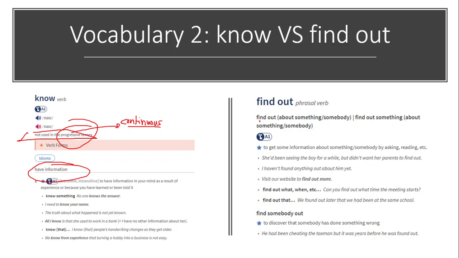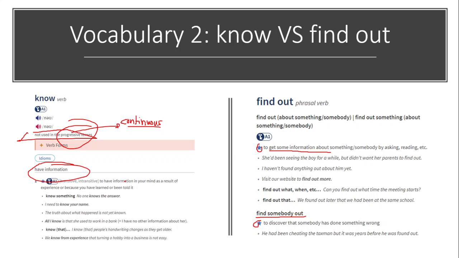What about find out? Find out, as you see here, we have two meanings. The first one is we use it like this: find somebody out. But the one that we focus on today is the first meaning, to get some information about something.